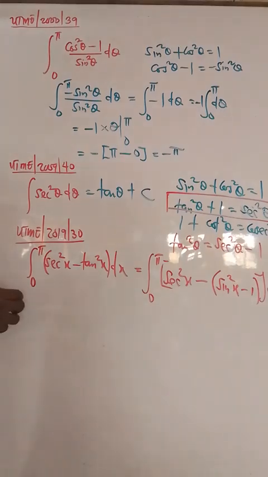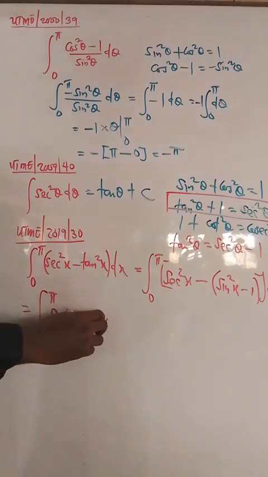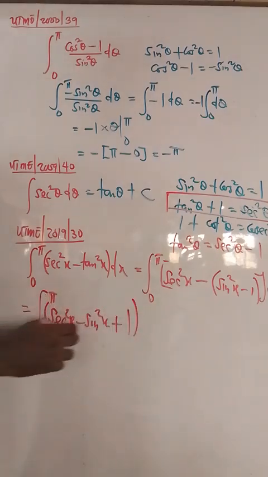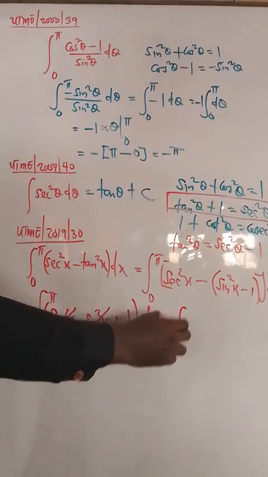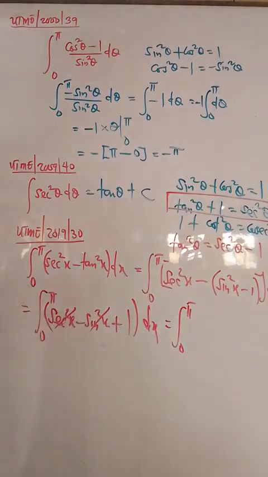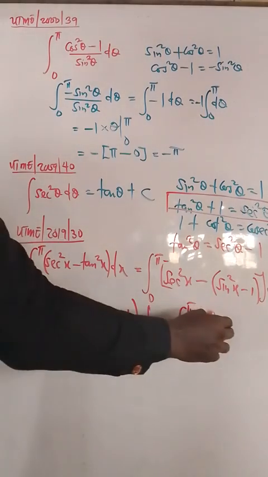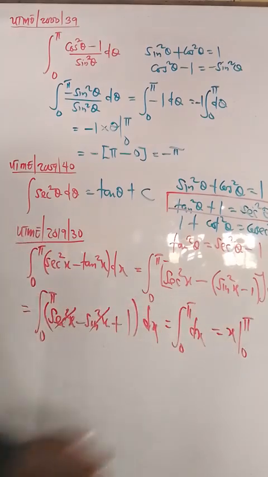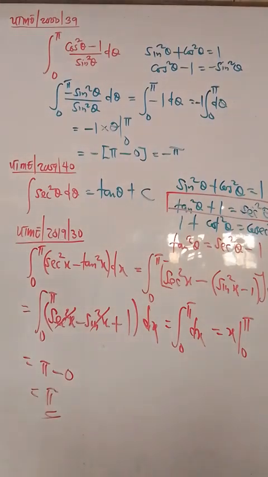Then from 0 to pi, let's expand: sec square x minus sec square x plus 1 dx. Sec square x cancels sec square x. So we are integrating 1 times dx from 0 to pi, which is only integrating x. The answer is x from 0 to pi. So inside, the upper limit pi minus lower limit 0. So the answer is pi. As simple as that.